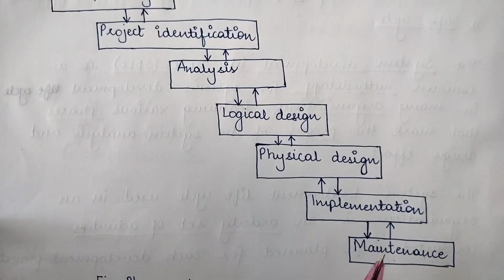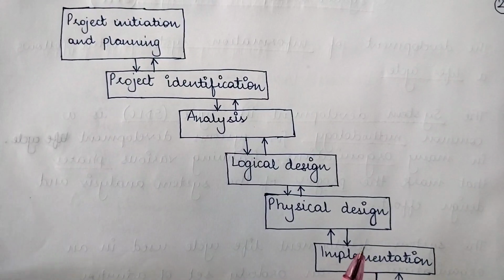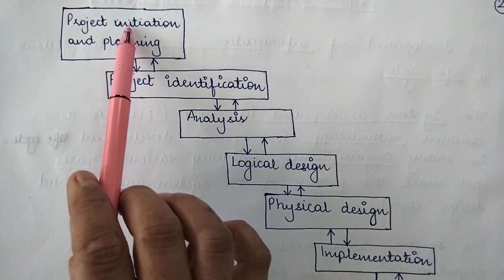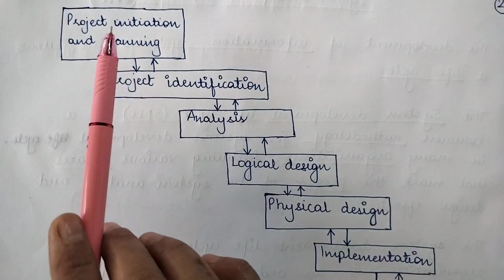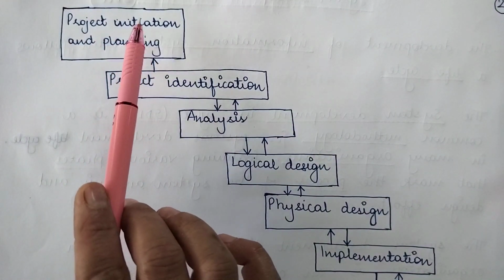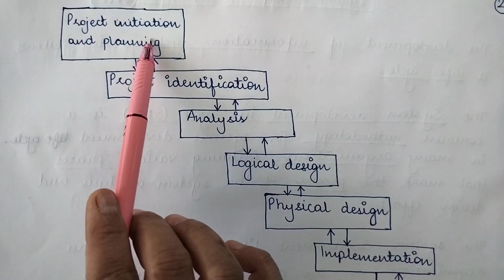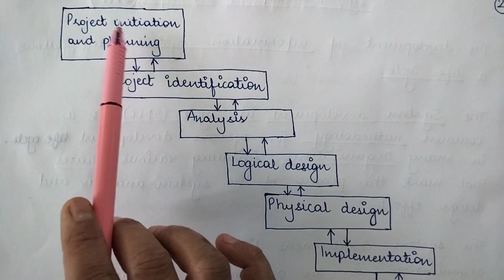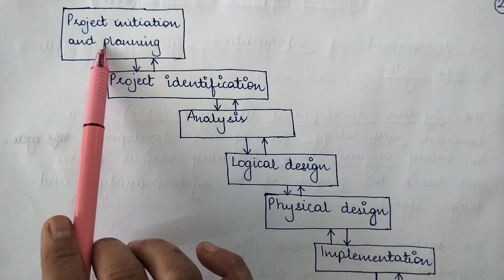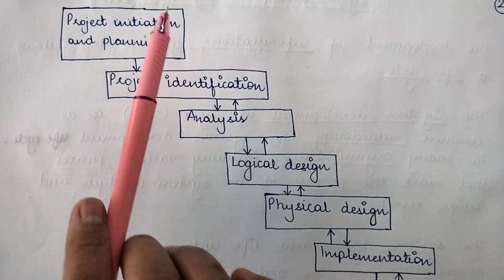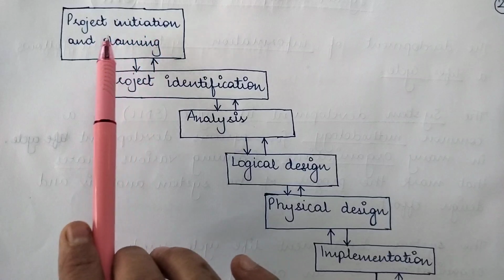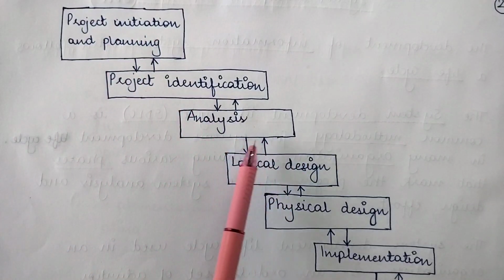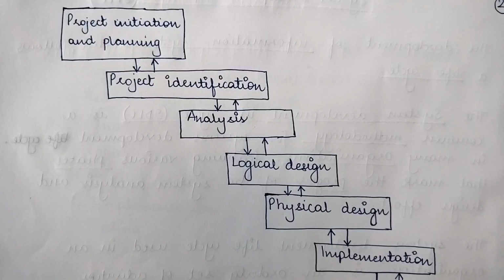As I said, these phases are sequential, that means each phase will be in that particular sequence only, neither before nor after. The first phase will always be project initiation and planning. You cannot do project identification before project initiation and planning. Similarly, the second step will always be project identification, third analysis, and so on.